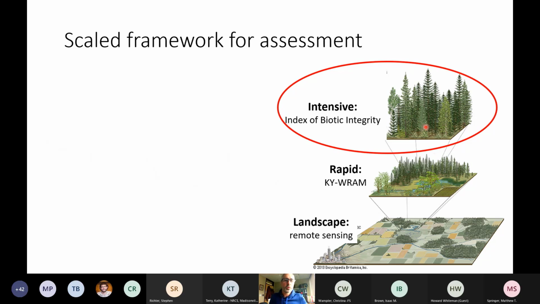So next I'm going to shift towards talking about the intensive methods, and it turns out we actually have three intensive methods, and these are for use in more complex situations.